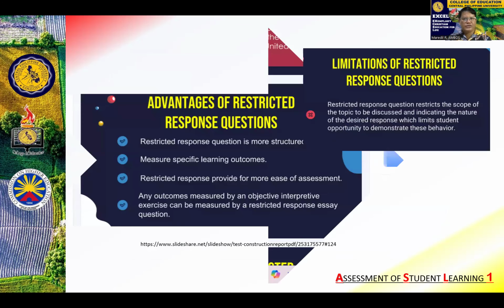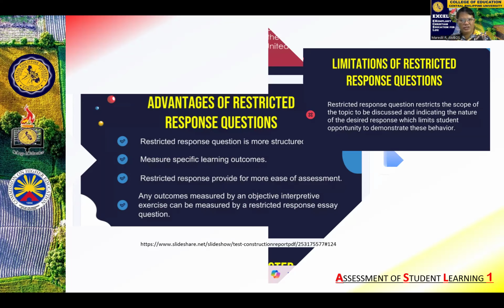For the advantages of restricted response: restricted response questions are more structured and measure specific learning outcomes. They provide more ease of assessment, and any outcomes measured by an objective interpretive exercise can be measured by restricted response essay questions.